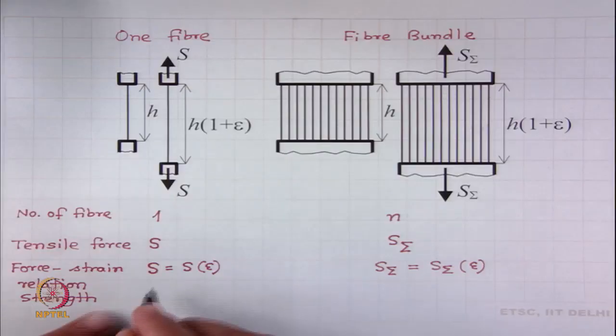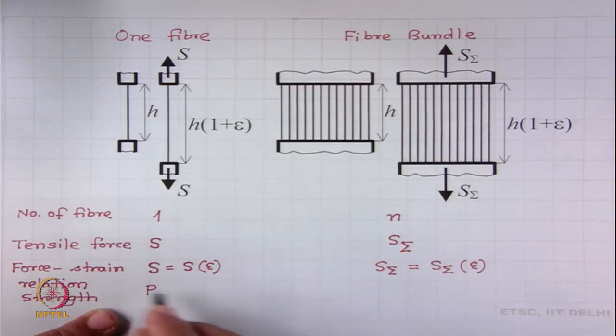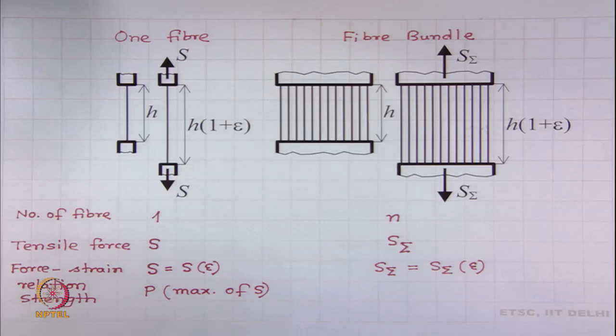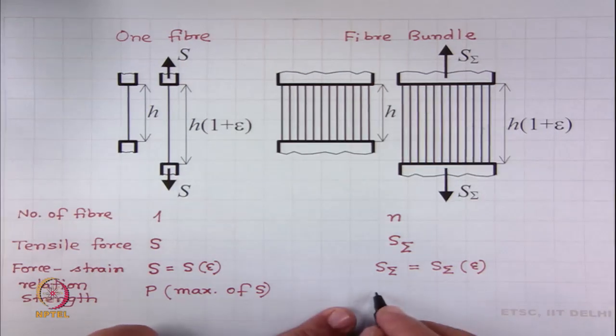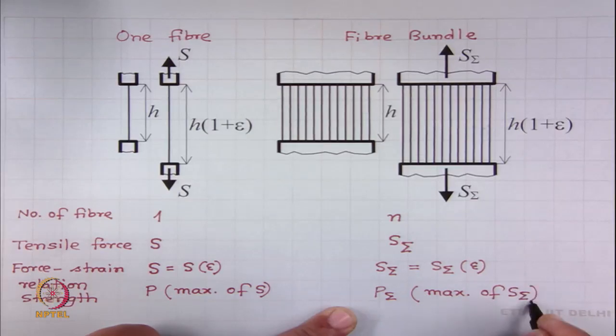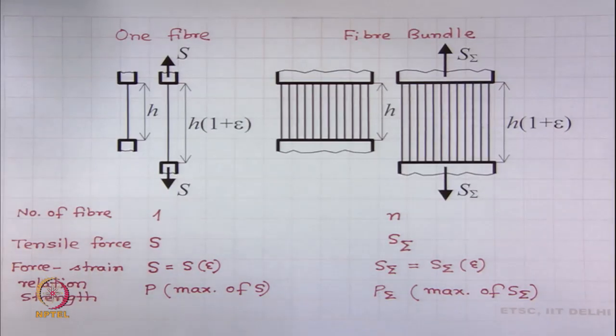So, here we consider P, which is basically the maximum of S. Similarly, here the strength is P star, P subscript summation, which is also the maximum of this. The last quantity is breaking strain or strain at break.